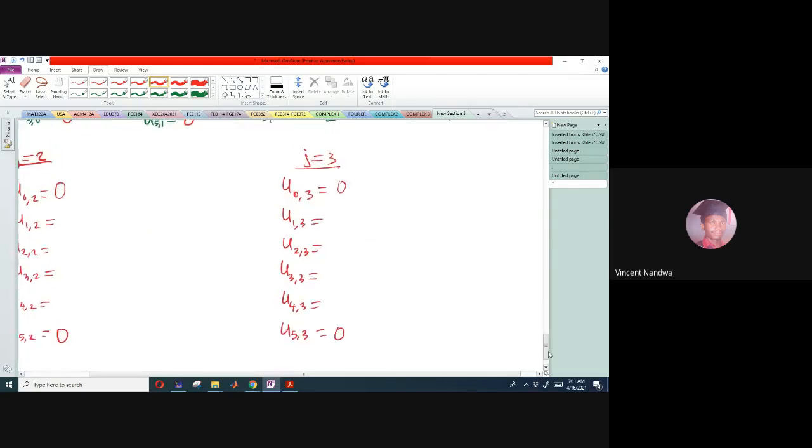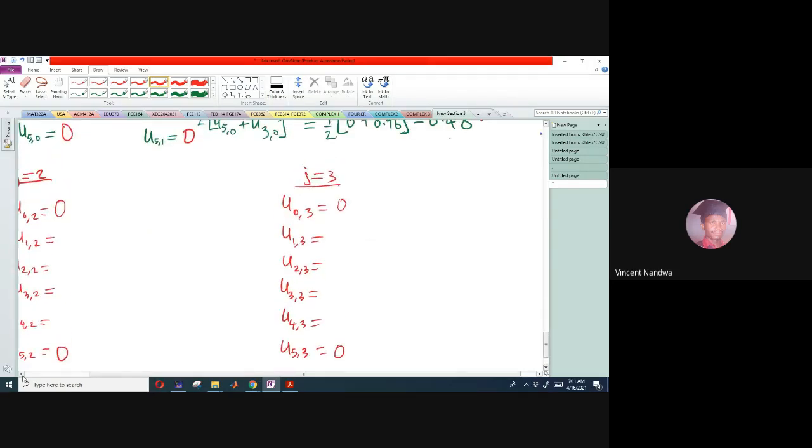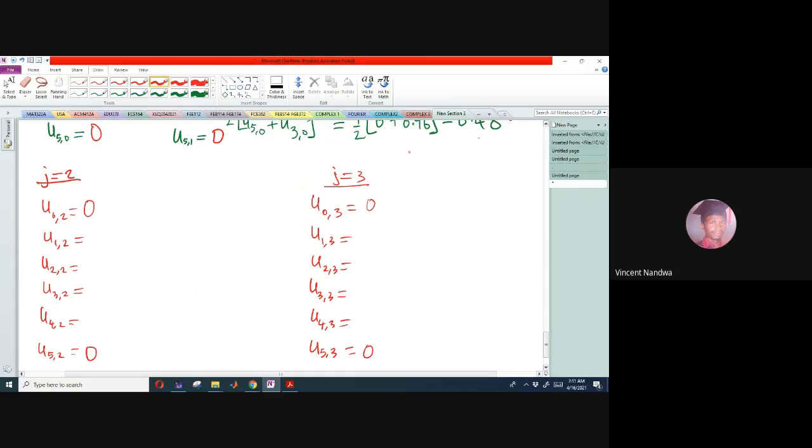Now, the other case is j equals to 2. We still use the same formula, u(i, j+1) equals a half into u(i+1, j) plus u(i-1, j). So this was given by the boundary condition. So u(1,2) means i is 1, and j+1 equals 2 means j equals 1.